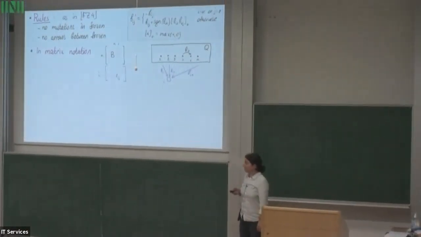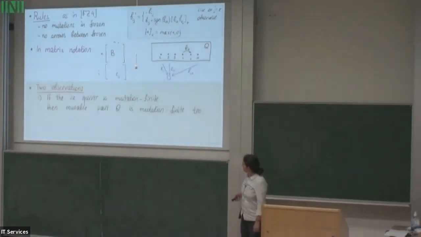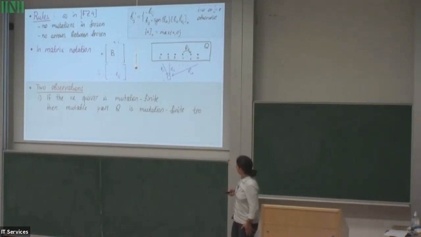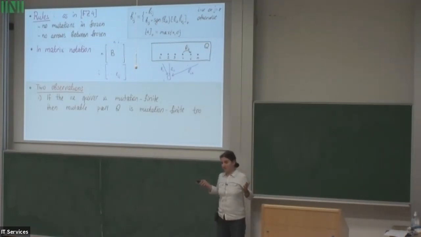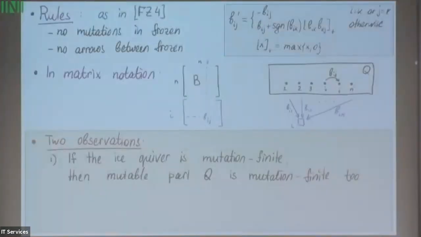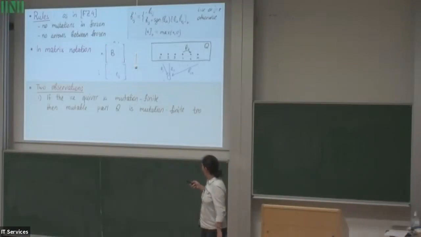Now, two observations. One observation is that if the big quiver with frozen variables is mutation finite, then at least the unfrozen part should be mutation finite. So what we know for sure is that this black unfrozen part should be one of the things which we already know. We just don't know what we want to add to them.